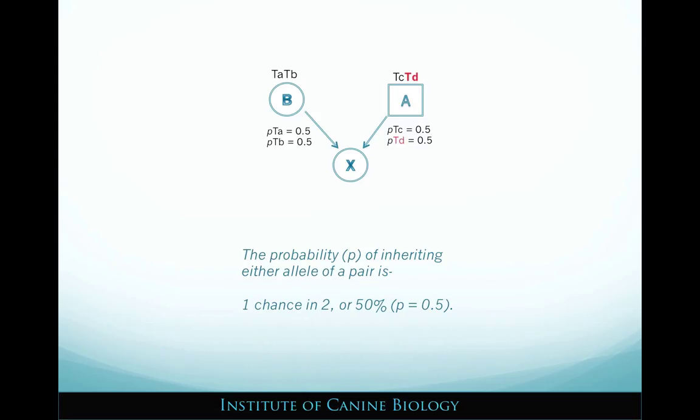It's 50-50. So the probability that TA will be inherited by X is 0.5, 50%, and it's exactly the same as the probability of inheriting the other allele. And likewise, on the sire's side of the pedigree, the probability of either of these alleles being inherited by X is 50%.